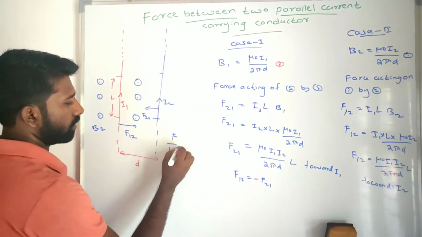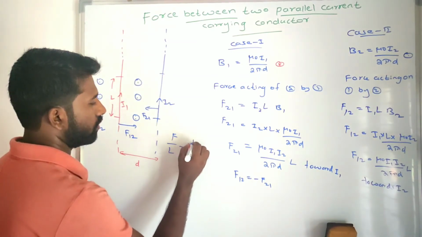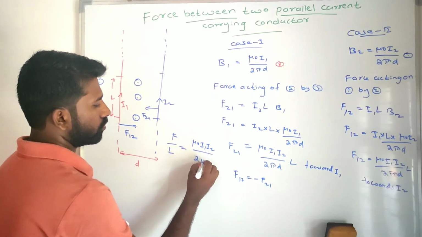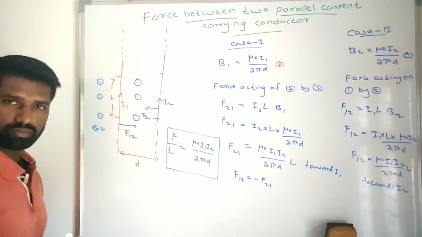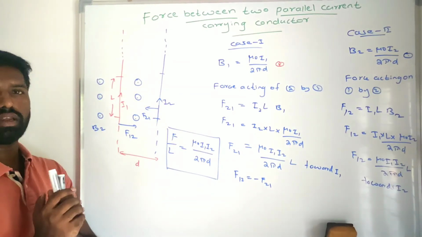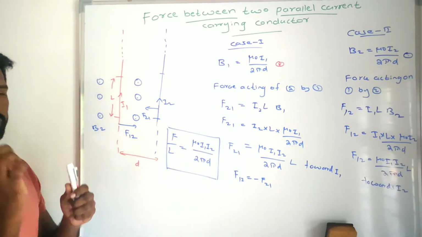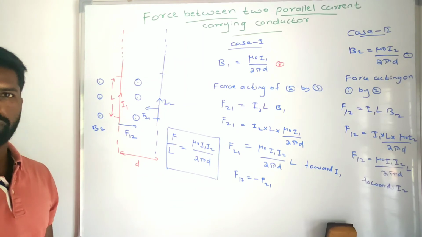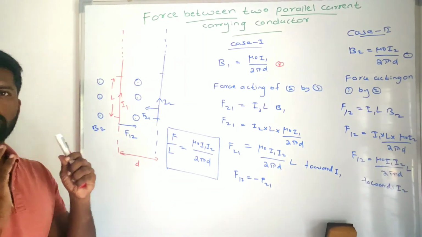The force per unit length between two current carrying conductors is mu 0 I1 I2 divided by 2 pi d. This is the value. So if two current carrying conductors are placed d distance apart, the force per unit length is mu 0 I1 I2 by 2 pi d. If the current is going in the same direction, they will attract each other.